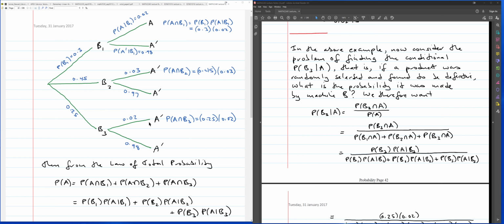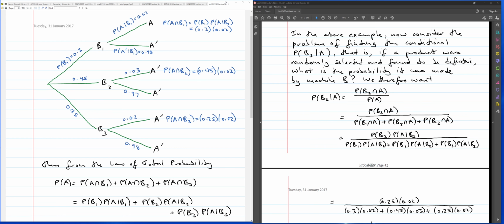So really, probability of A consists of these three cases when you add them up, and probability of defective and made by machine B3 is one of these three cases.